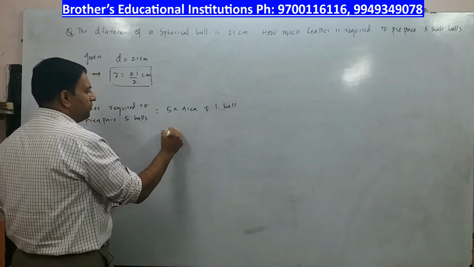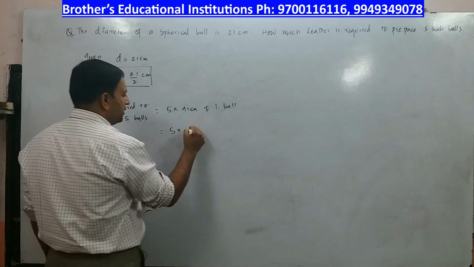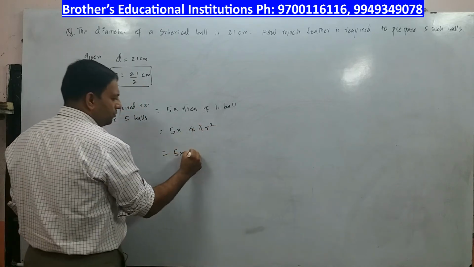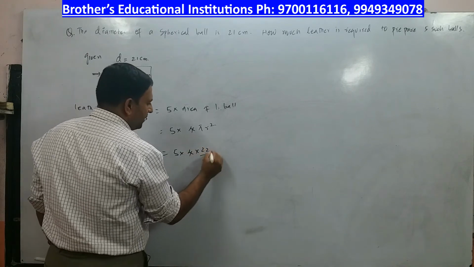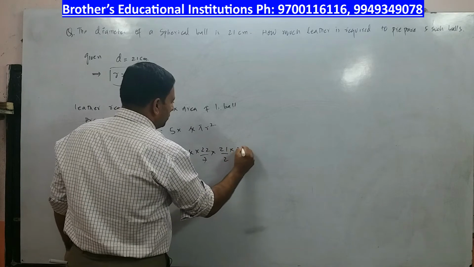Right. So 5 into what is area of 1 ball? You are dealing with surface area. It is 4 pi r square. So it is 5 into 4 into 22 upon 7 into r square. What is r square? 21 by 2 into 21 by 2.